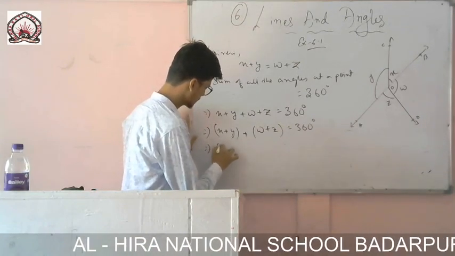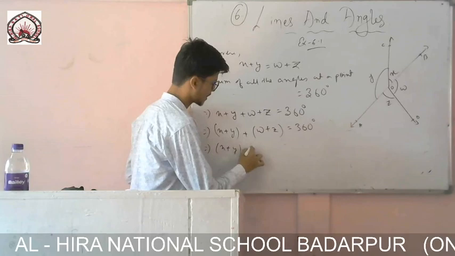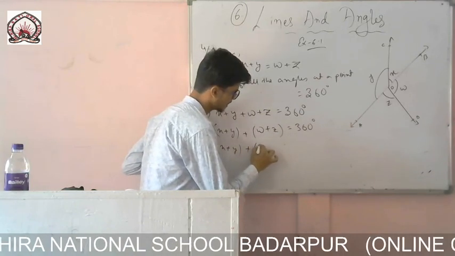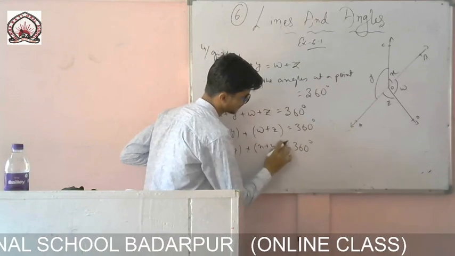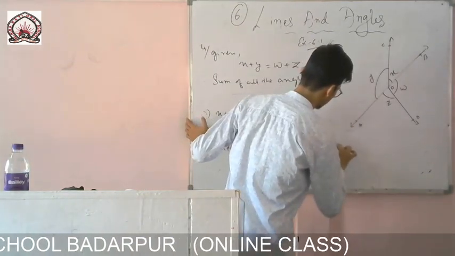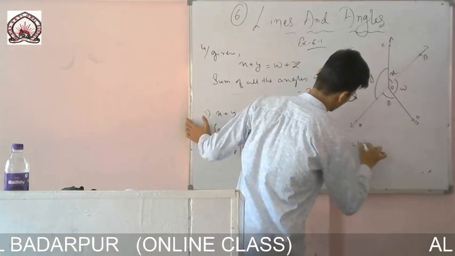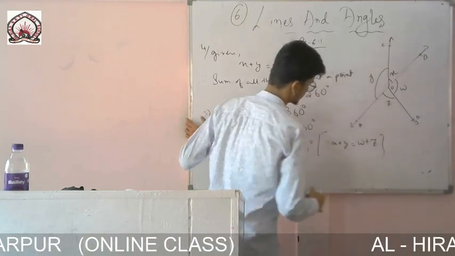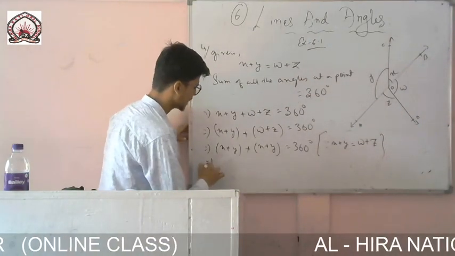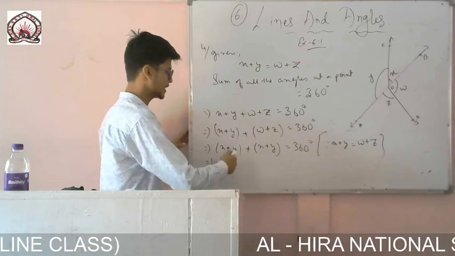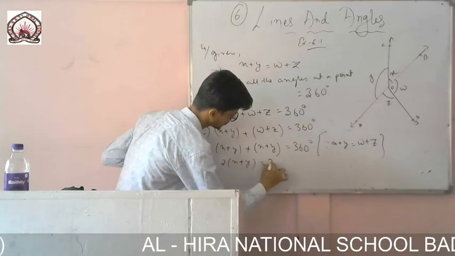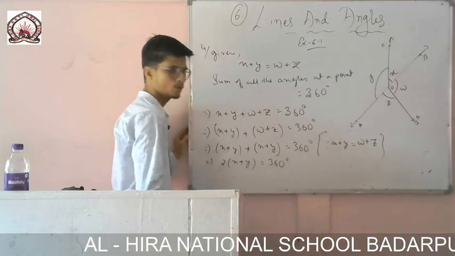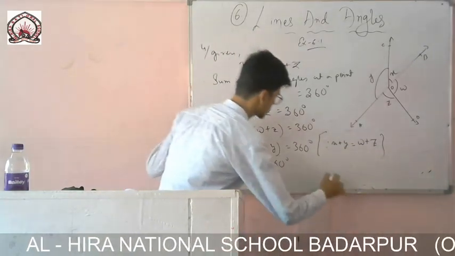So in place of w plus z let me write x plus y, which is equal to 360 degrees. Since x plus y is equal to w plus z, x plus y plus x plus y, that means 2 times (x plus y) is equal to 360 degrees.